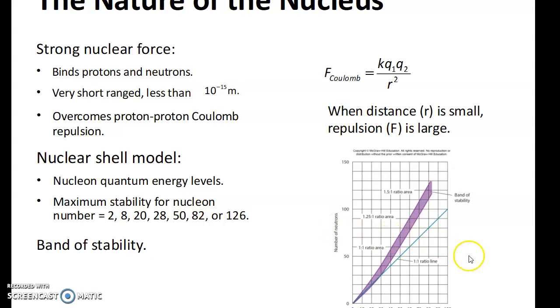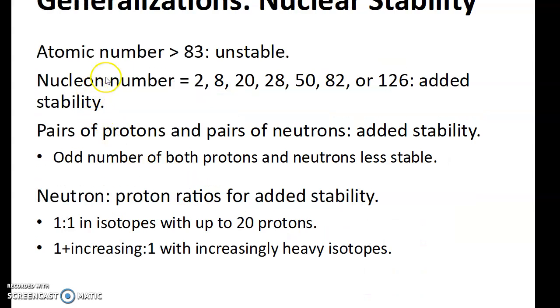When you get outside that band, you are going to have a nucleus that is not stable. So any number that's greater than 83 is unstable. Those at special numbers, 2, 8, 20, 28, 50, 82, 126, have added stability, okay?